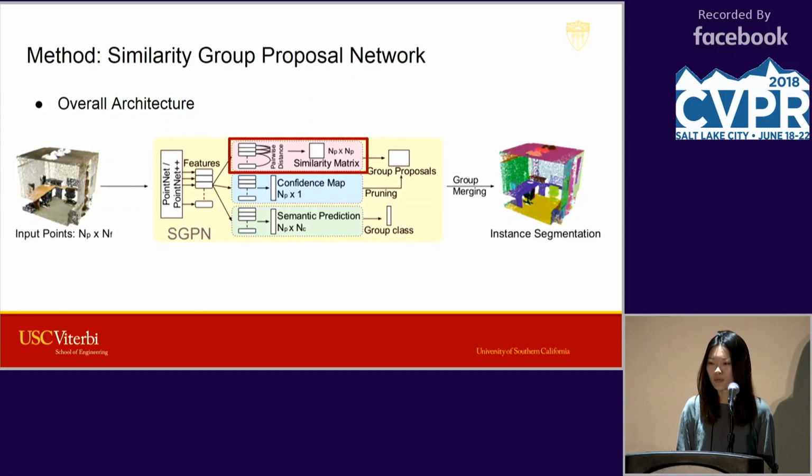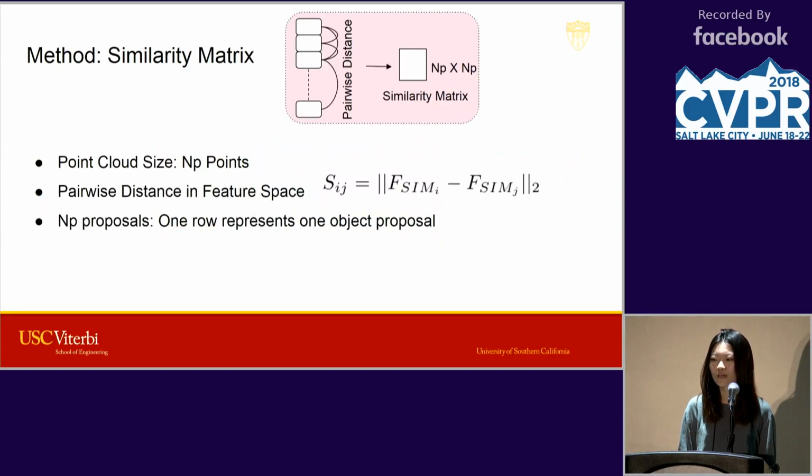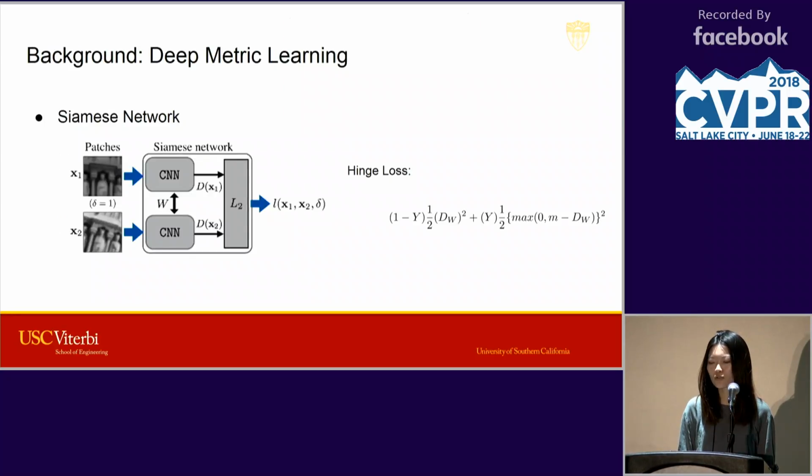We compute pairwise distance in feature space for each point, and then build this n by n matrix. N is the number of points, and each row represents a group proposal. Suppose the similarity matrix is S, so Sij means the distance between the i-th point and the j-th point in feature space.